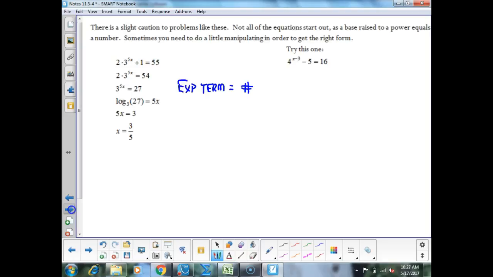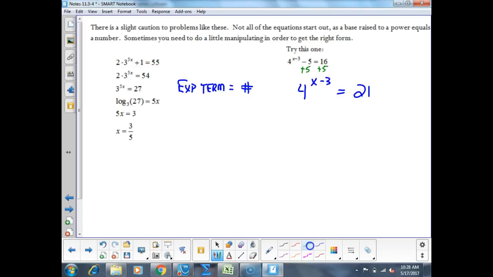So like in 4 to the x minus 3 problem, then minus 5 equals 16. First, I would have to add 5 to both sides, which then would give me 4 to the x minus 3 power equals 21.